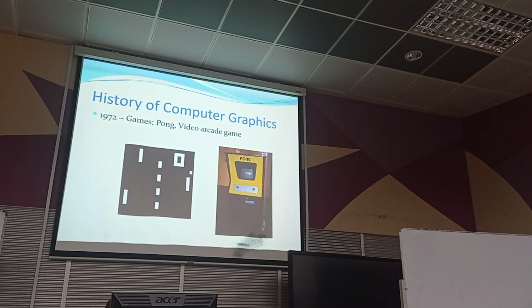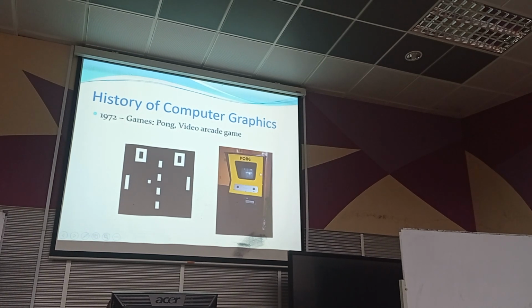This one, the Pong game, is from 1972. In order to play this game, you have to go to a shopping mall and see this big machine there, put in your coin, and only then can you play. So you are very lucky now. You want to play a game, on your phone you can just play anyway. And everyone has a PC.